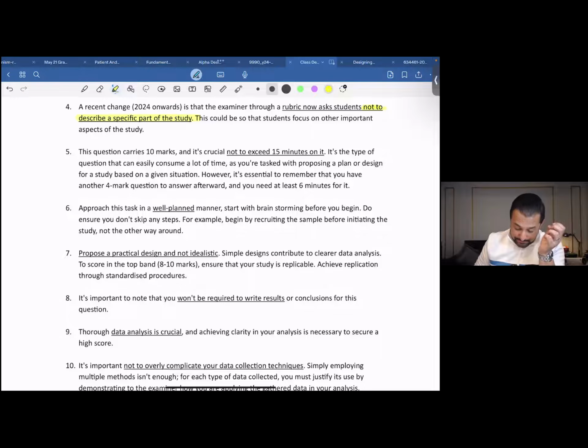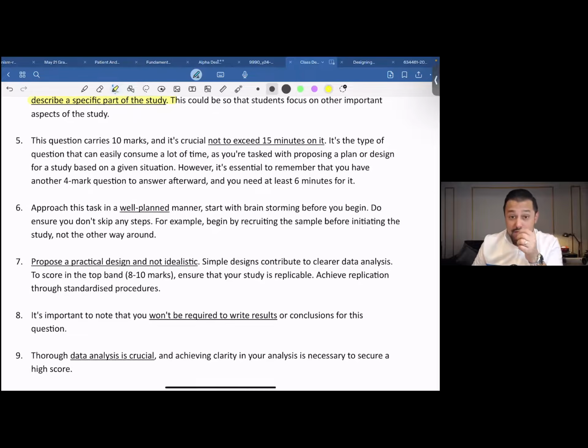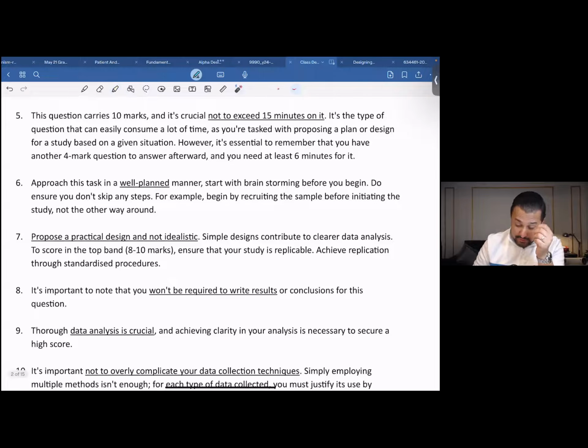Number 5, the question carries 10 marks, like I said. Time management plays a very, very crucial role while you're writing this answer. Remember, like I said, this happens to be the last question when it comes to paper 2. But again, this question is divided into 2 parts, that is 10 marks and 4 marks.